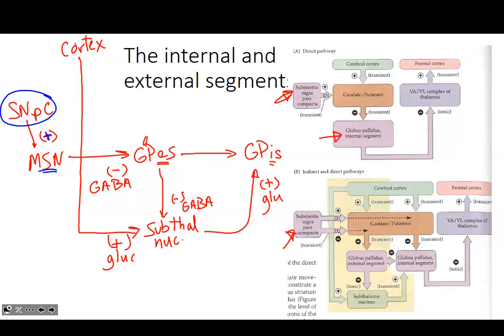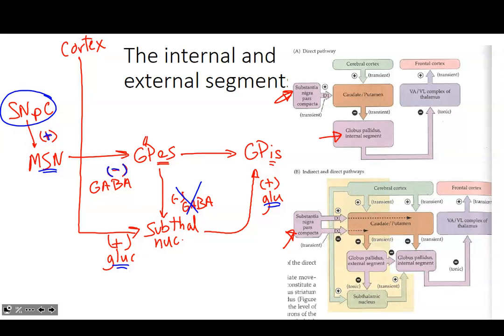So now this tonic inhibition that was already present is disinhibited. The brakes come off the subthalamic nuclei. And at the same time, cortical projections to the subthalamic nuclei release glutamate. So now the subthalamic nuclei is ready to release its neurotransmitter glutamate because it's active now.